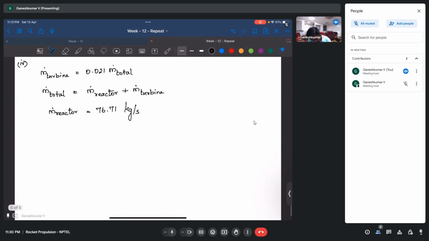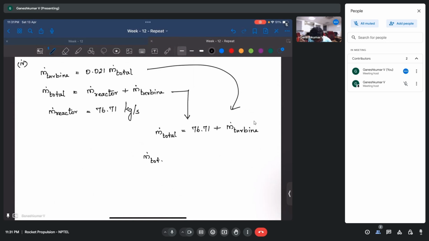So let's take m dot of total is equal to 76.71 plus m dot of turbine. And what is m dot of turbine? Let's substitute it here. So m dot total is equal to 76.71 plus 0.021 m dot of total.